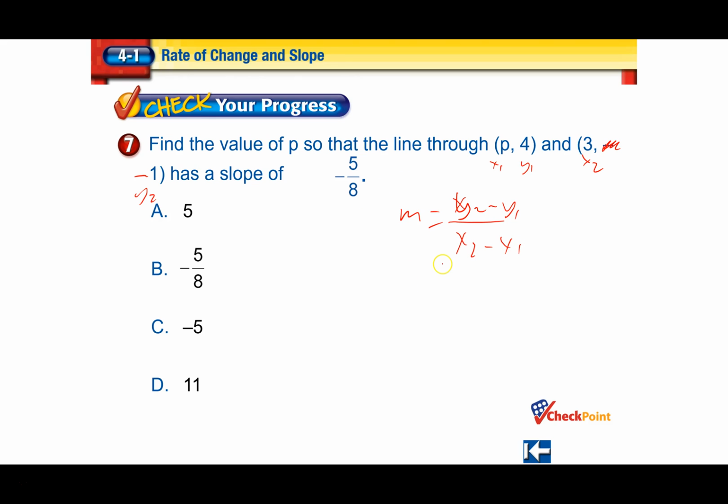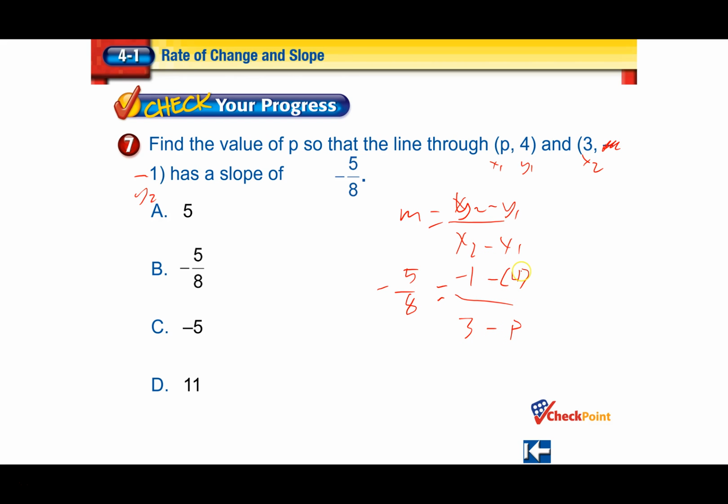So my slope is going to be negative, I guess I can go down -5 over 8 equals, we're going to go y2 is -1 minus 4 over x2 is 3 minus p.